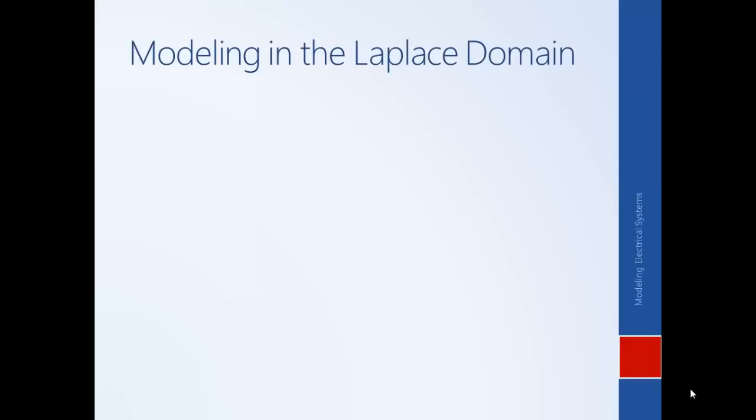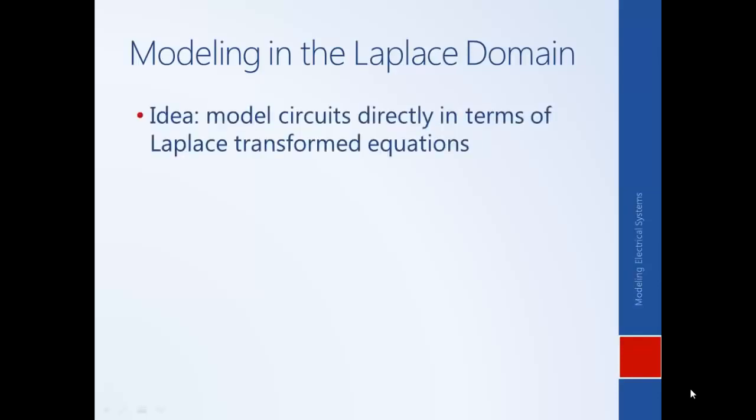So far in this module, we've been modeling electrical circuits as differential equations. If you recall, an alternative mathematical model is a transfer function. So an alternative approach is to model the circuit directly in the Laplace domain. When we do that, we will use something called complex impedance. Impedance is a similar concept to resistance, and for resistors, impedance and resistance are the same.